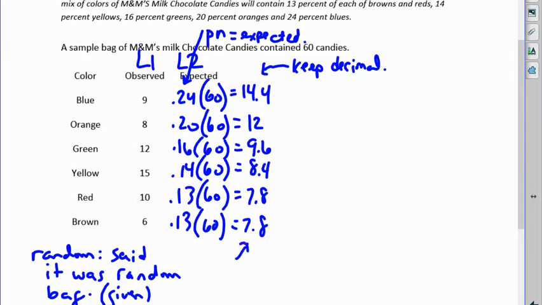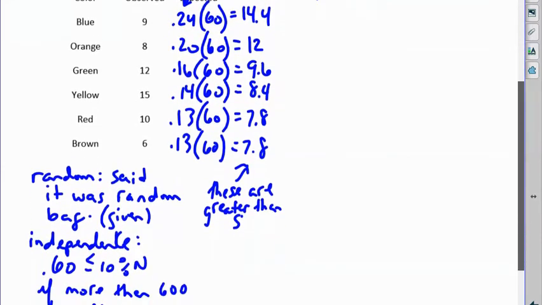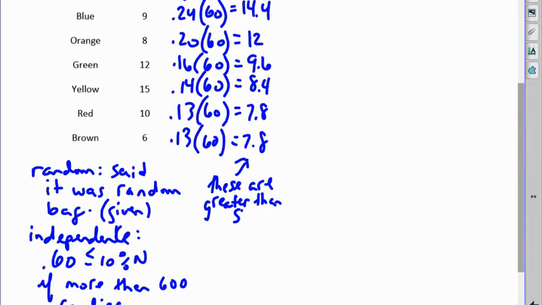So these are greater than 5. Now, if one of them wasn't, then you could combine your categories. Like, for example, let's say red and brown. Let's say that they weren't big enough.